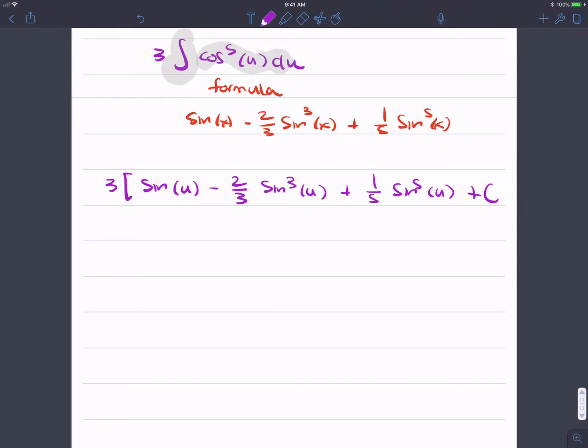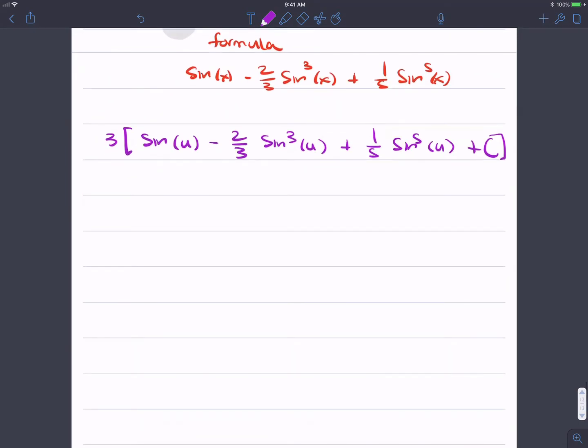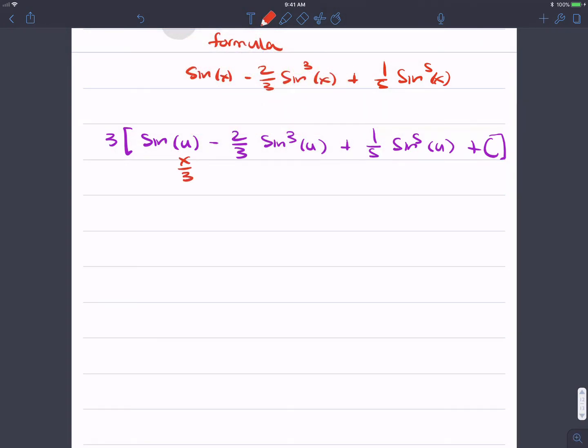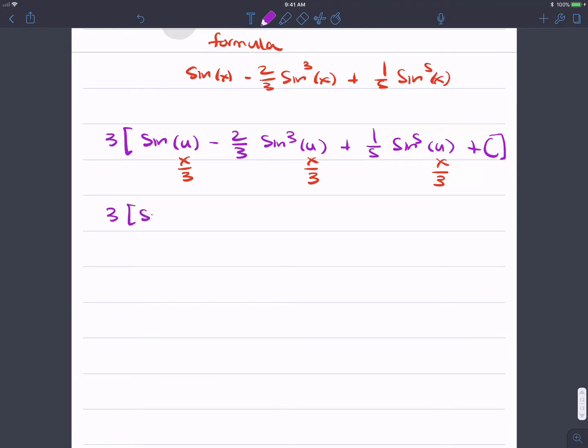Plus that c. Don't forget what u is here. x over 3. So I'm going to replace this u now with x over 3. Here's your final answer. 3 times sine x over 3 minus 2/3 sine cubed x over 3 plus 1/5 sine of the 5th x over 3 plus that constant.